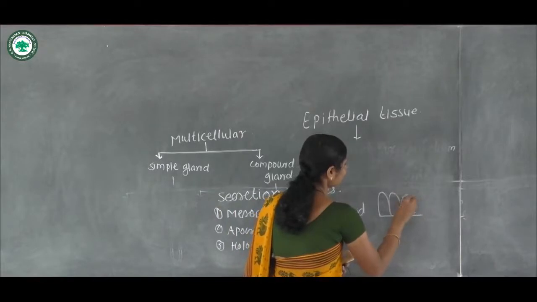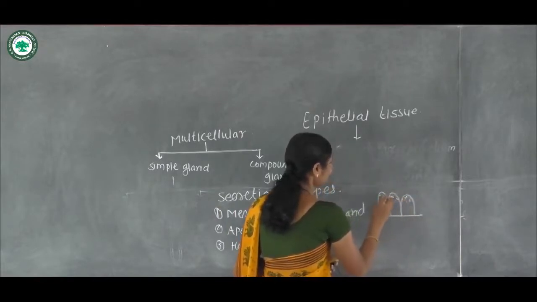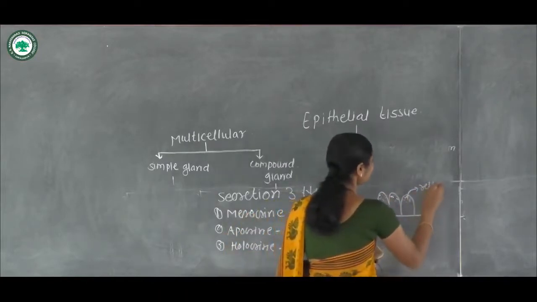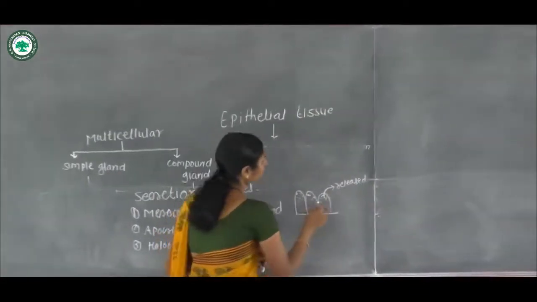Here secretion is accumulated in the apical part of the cell and released from there.